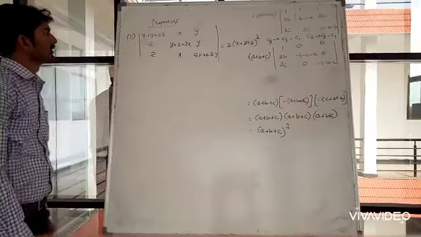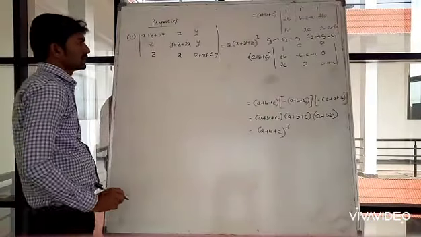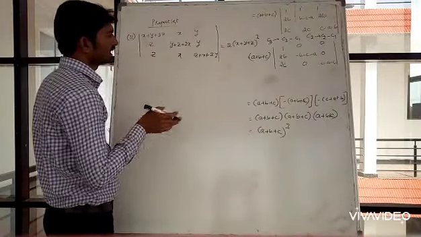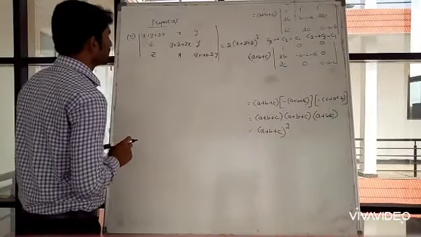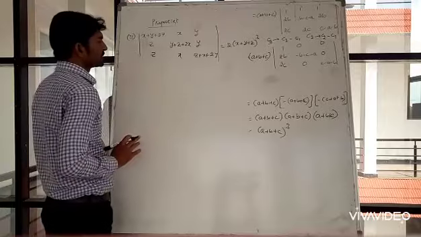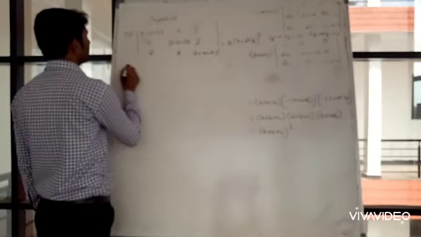Same type. Here also, to get right hand side, 2 into (x plus y plus z) whole cube, which operations we can apply to the left hand side?